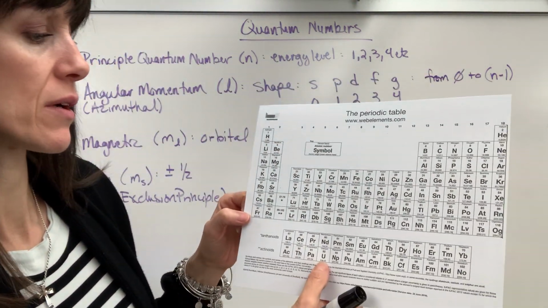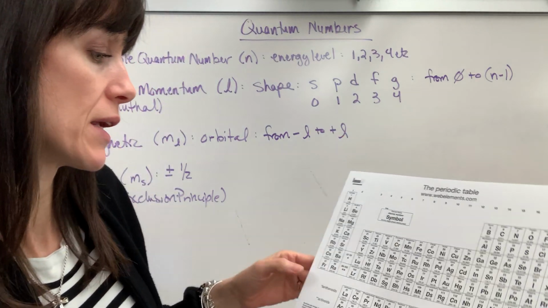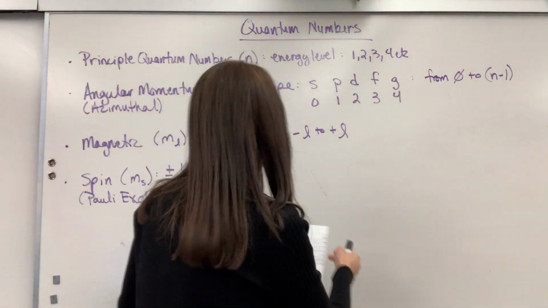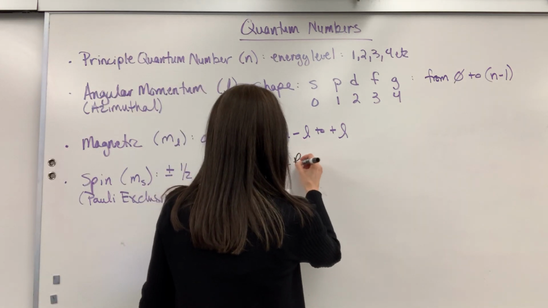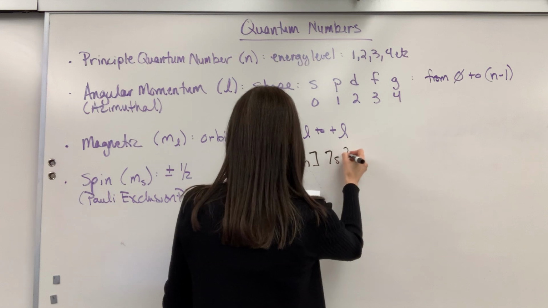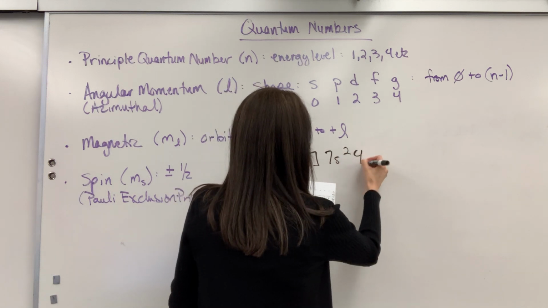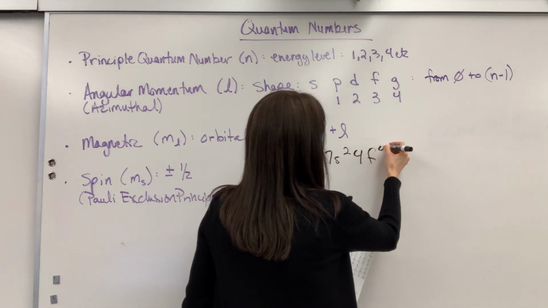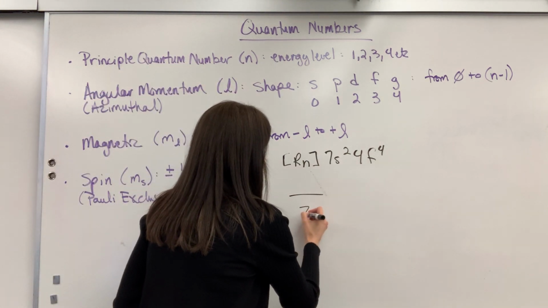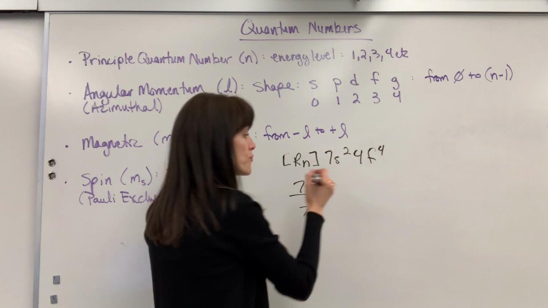Uranium, our last naturally occurring element. Woohoo, that's a good one. So if we go to our core notation, we're going to have radon, and then we'll have 7s2 and 4f4. Let's do the orbital notation just for this. We'll have 7s and then 4f.